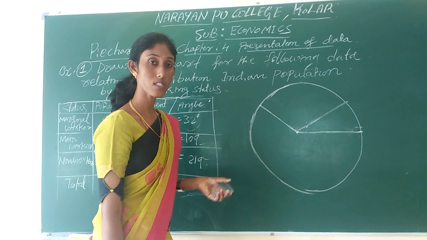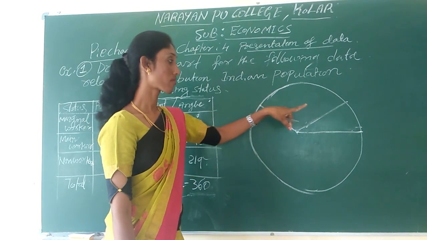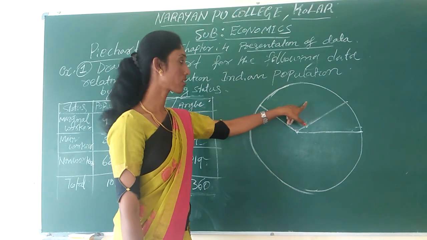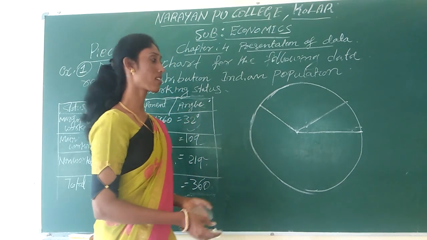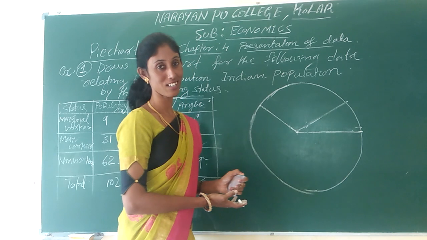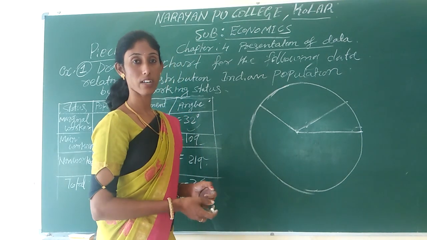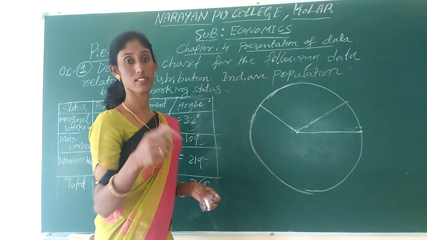Now the fourth step is we need to shade each angle area with different colors or designs. Now here we can't use the colors. Okay, we will give different designs or shades. Got it?